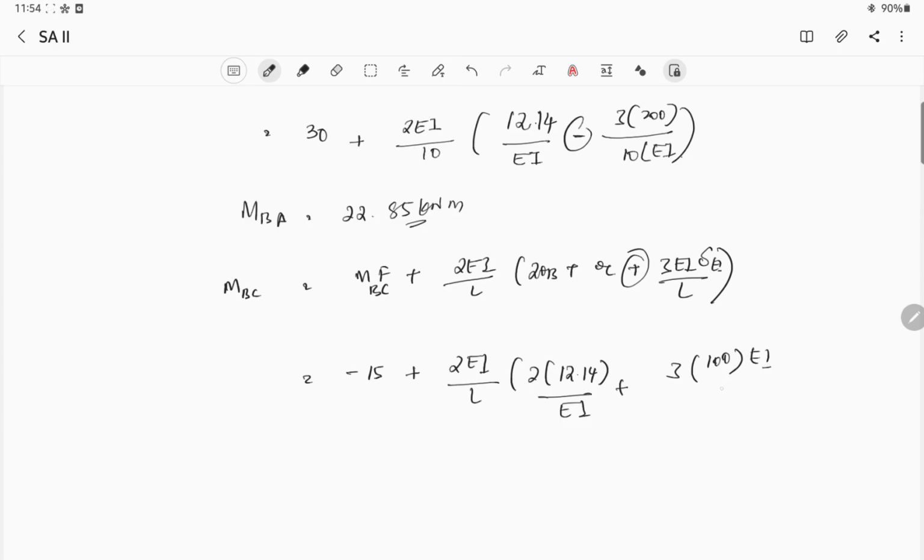Here also EI, right? Whole divided by EI into 10. Okay. Solve this one, you'll get the value of MBC in kilonewton meter and MCB also in kilonewton meter. So this is about stiffness matrix method.